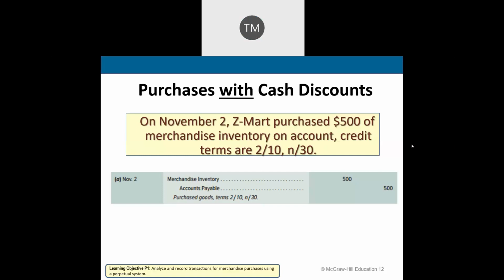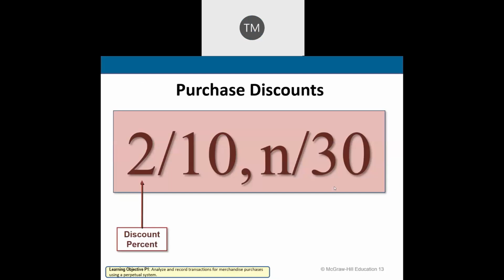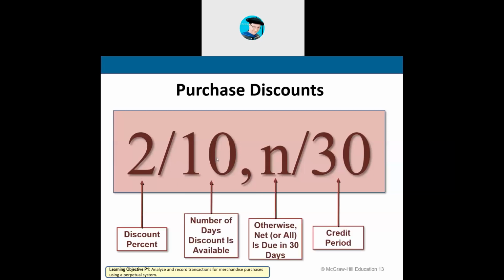Fantastic. Thank you all, I really appreciate that discussion. That's an excellent discussion. So to break it down again, we'll receive a 2% discount if we pay it within the first 10 days. Otherwise, it's due within 30 days. And that's what 2/10 net 30 means. It could be other percentages too. It doesn't have to be just 2%. It's totally up to the agreement between the seller and the buyer.